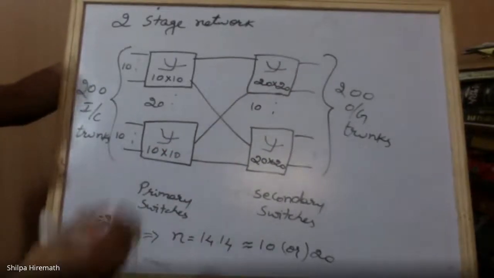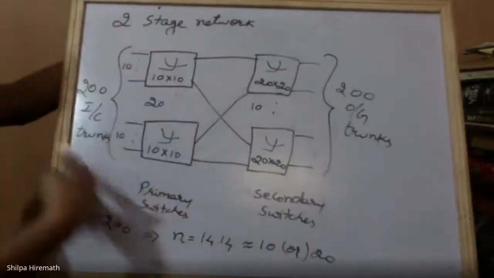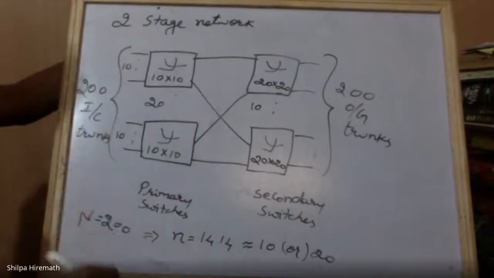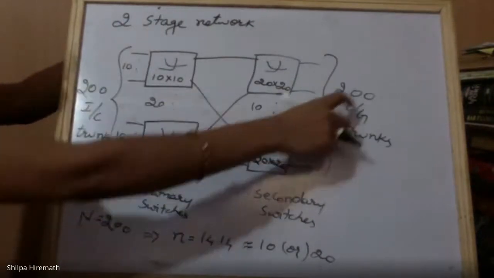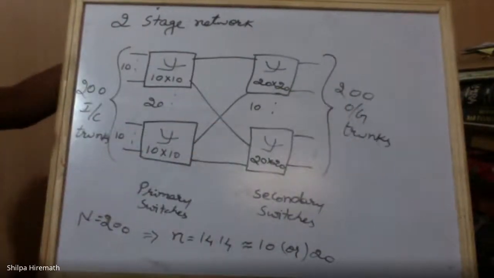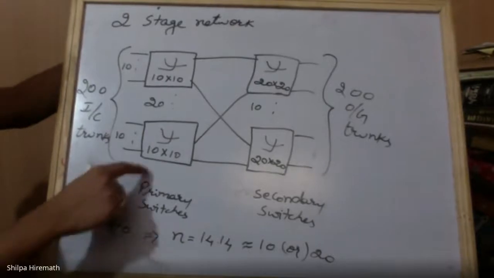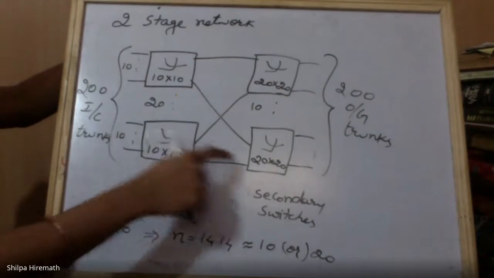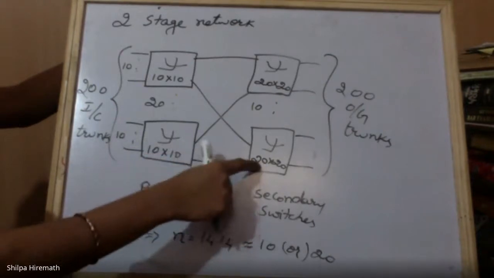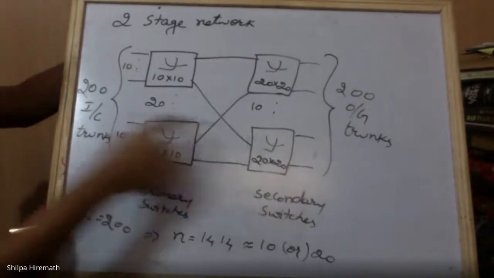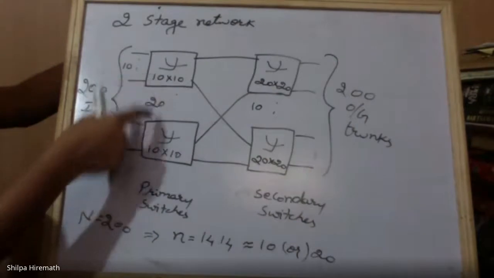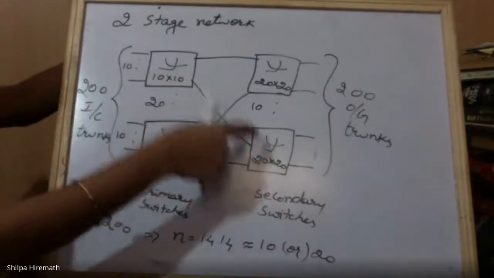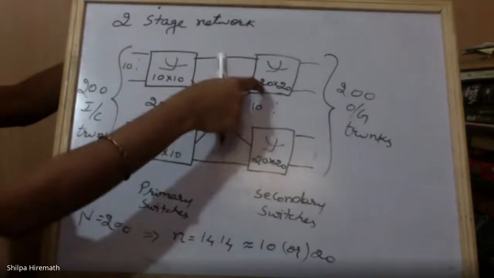So this is one of the designs of a two-stage network for given 200 incoming trunks and 200 outgoing trunks. Each primary switch has 10 inlets and 10 outlets. Each secondary switch has 20 inlets and 20 outlets. So 20 primary switches are required and 10 secondary switches are required.